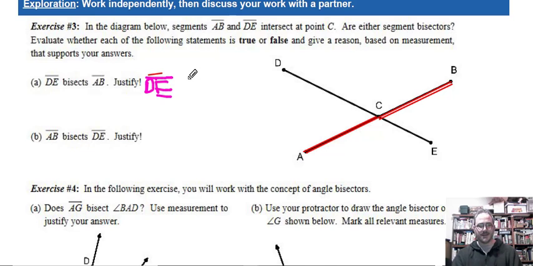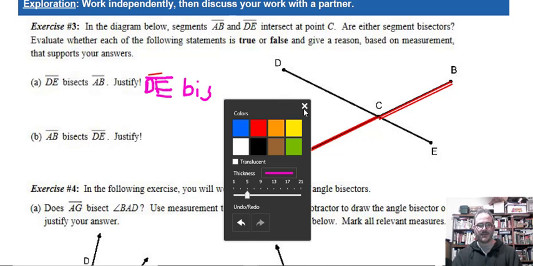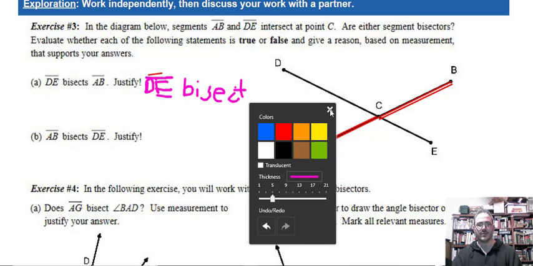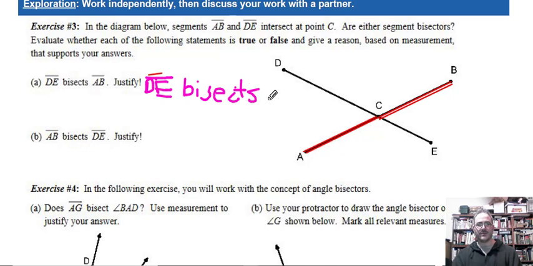DE bisects. Oh, that was awful. No. Bisects. When I press too hard, it brings up a menu. I don't want the menu. DE bisects AB, and if I go too fast, it won't recognize it.